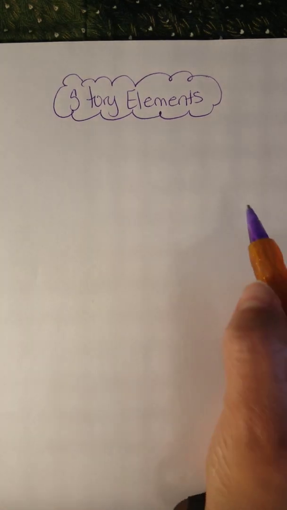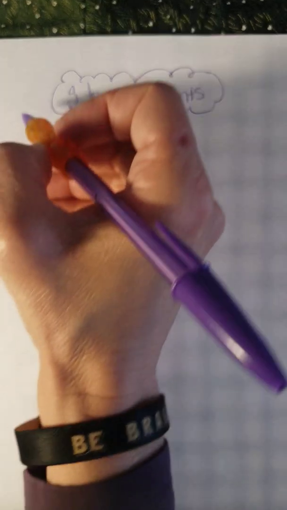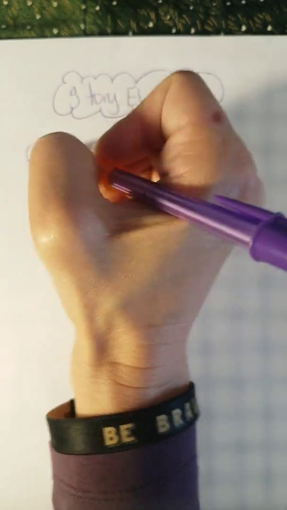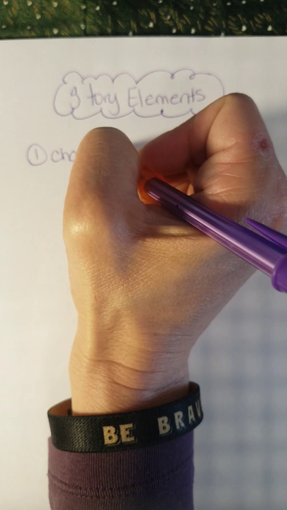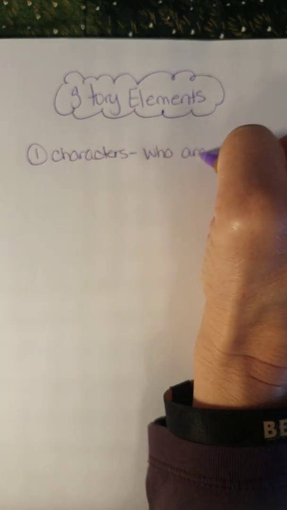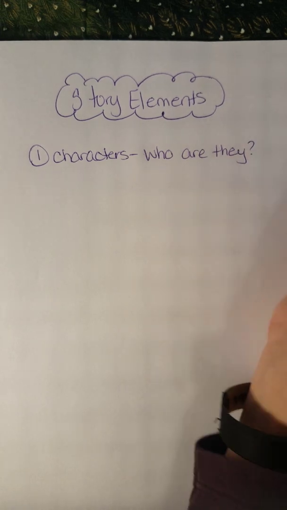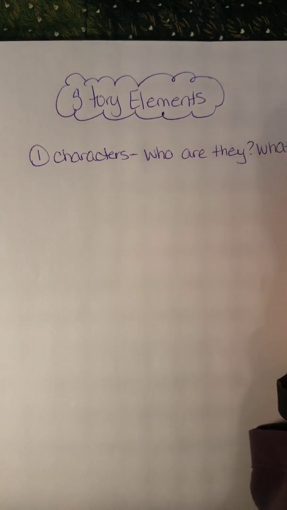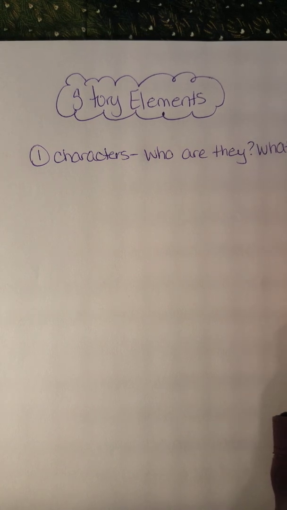First thing that you notice, especially at the beginning of a story, are the characters, right? Okay. Who are they? What are they? Sometimes they're animals, sometimes they are not.